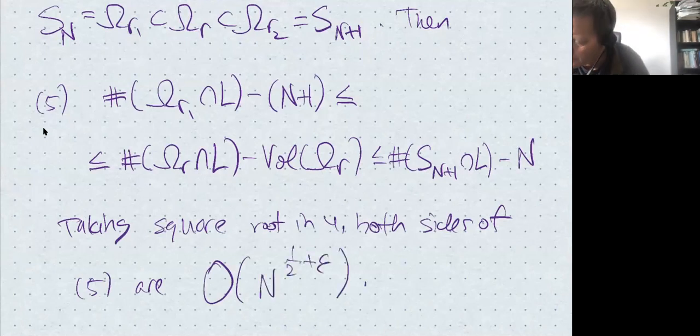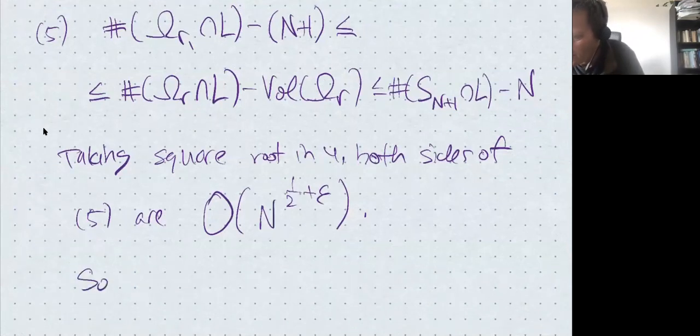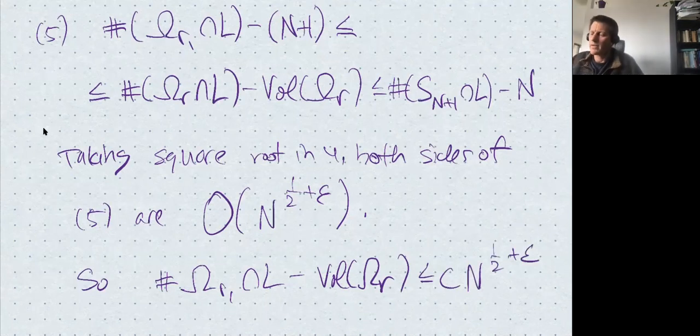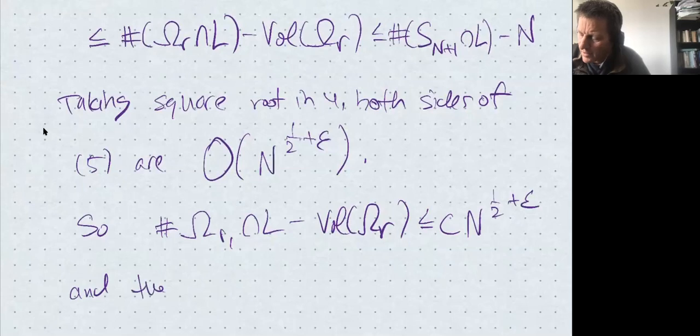So that means that I have this inequality, and the opposite inequality is proved in a similar way.